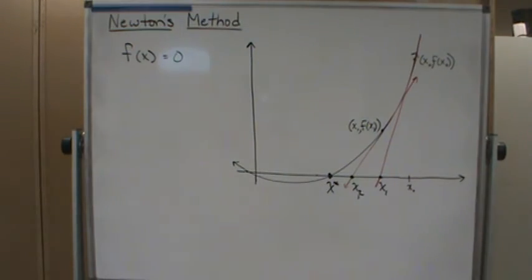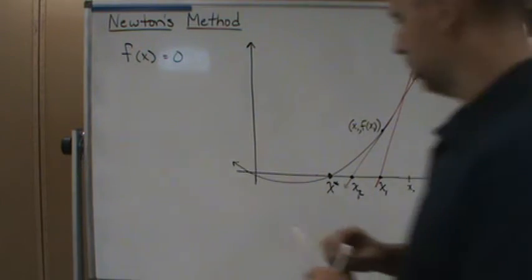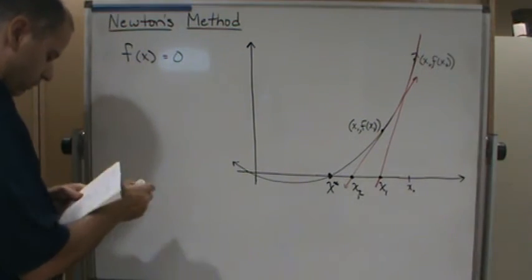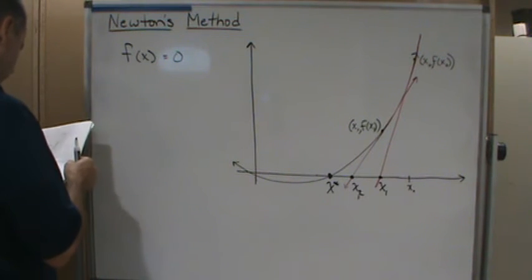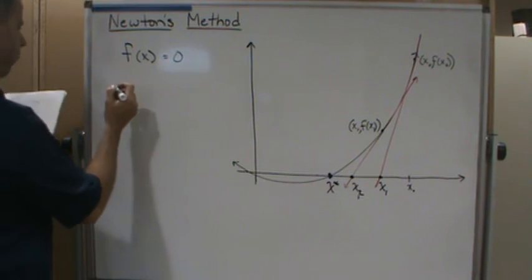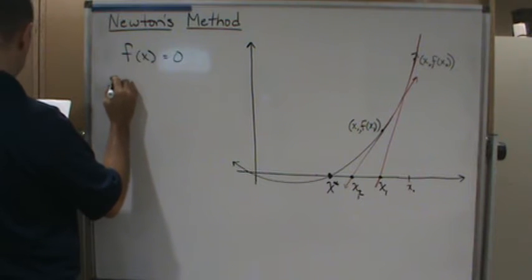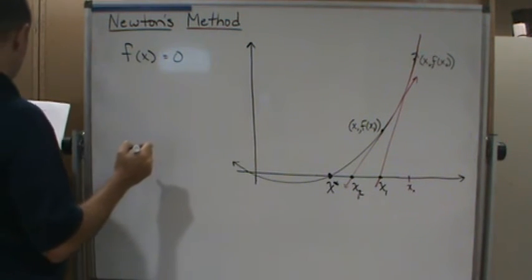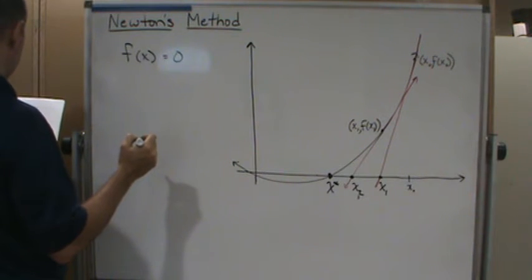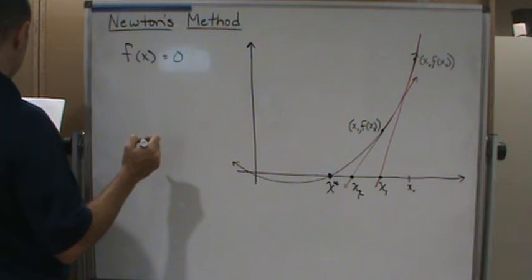So let's look at this algebraically. Okay? So now, here's what we have. So we have y. How do we want to do this? So x0 is going to be our first approximation.